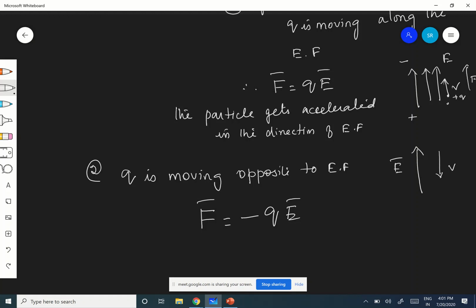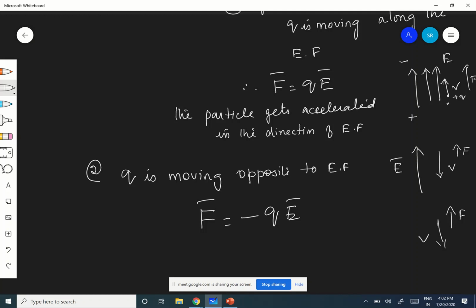Because it is moving opposite to the electric field, because of the electric field it will be experiencing a force in this direction only. This is the force, but your V here is in the opposite direction. The charge is moving in this direction, but the force is in this direction. So definitely the particle will get retarded.